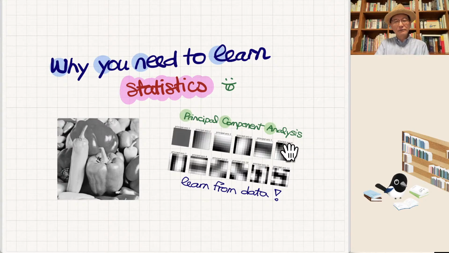And so this is a very simple PCA analysis. From there, you can actually find lots of interesting principal components, which are not that easy to recognize when you look at the natural images. And I think that is sort of the charm.